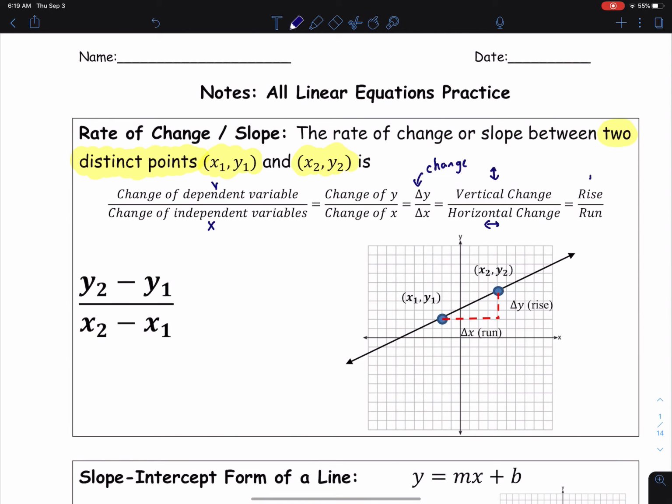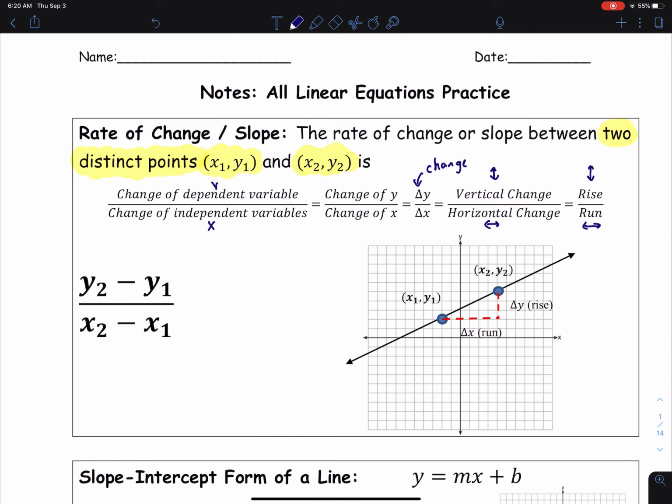Rise over run, you go up or down, and you run right or left. It's all similar ways of saying slope. I'm sure your teachers have said multiple of these. And the official slope formula is y2 minus y1 over x2 minus x1.